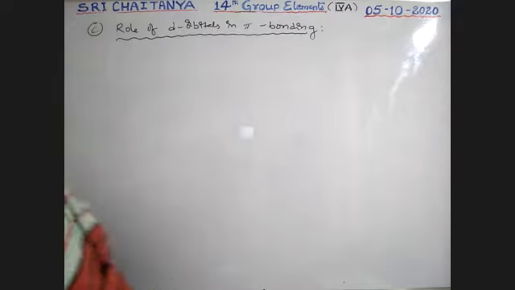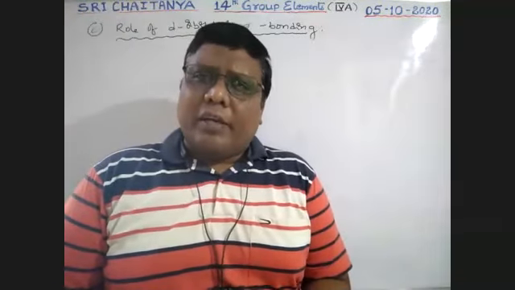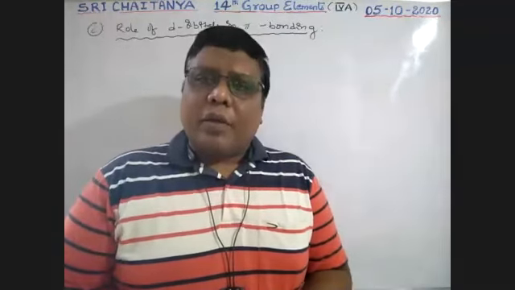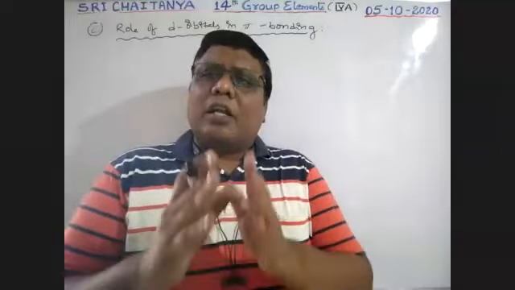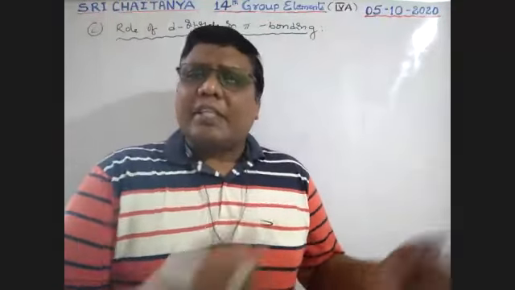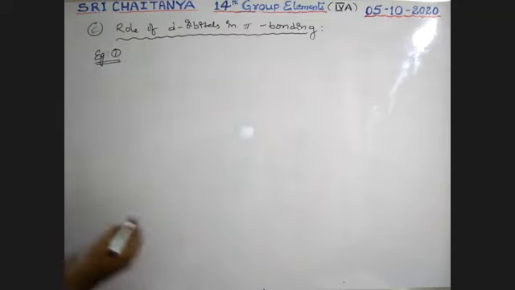Next subheading: role of d orbitals in pi bonding. D orbitals can also be involved in pi bond formation, p pi d pi bond formation, or d pi d pi bond formation. So d orbitals can also be involved in pi bond formation. Let us explain with an example. So that is example number one.